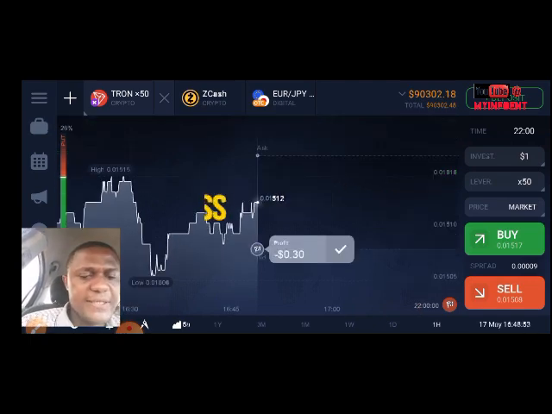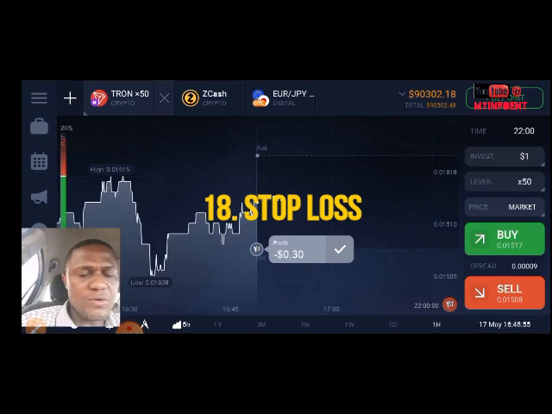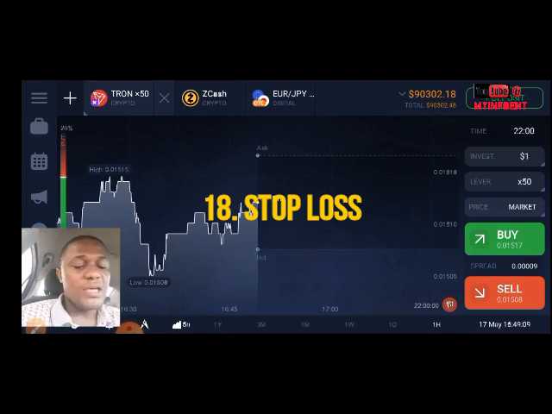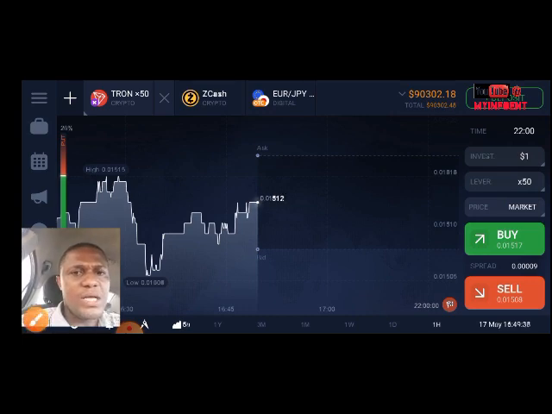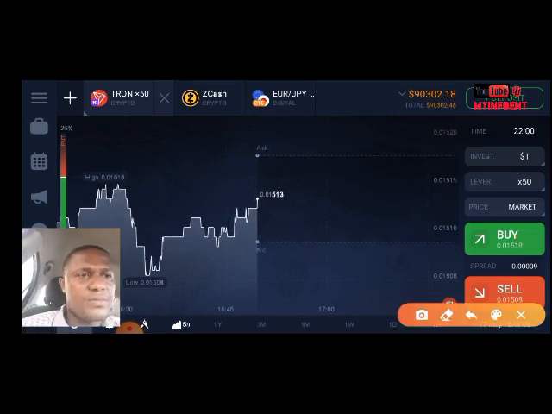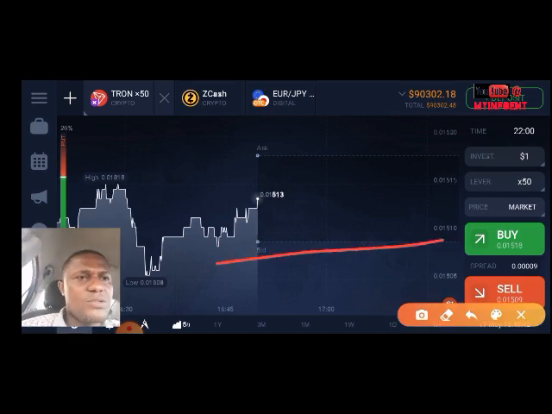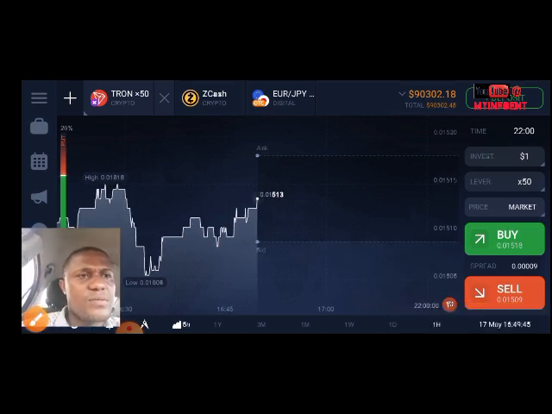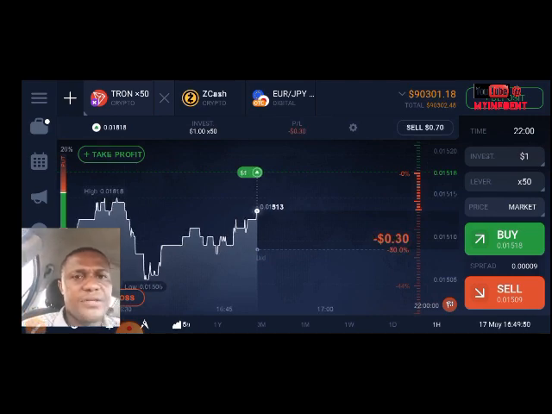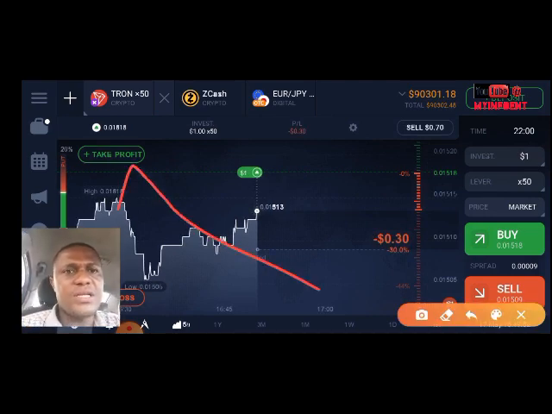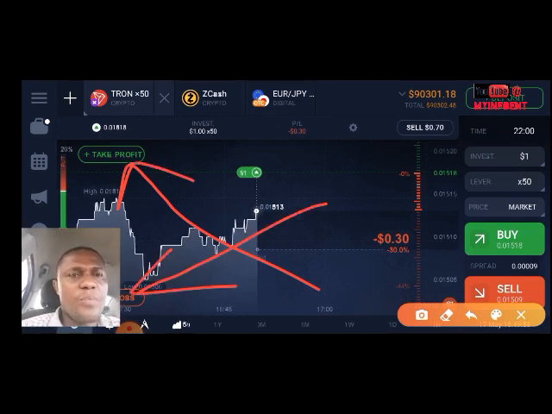Then the next one is stop loss. What is stop loss? It is an order to close your trade as soon as it reaches a certain level of loss. Let me explain. Assuming I open a buy position by clicking the buy button, right here you see take profit, and down here you see stop loss.